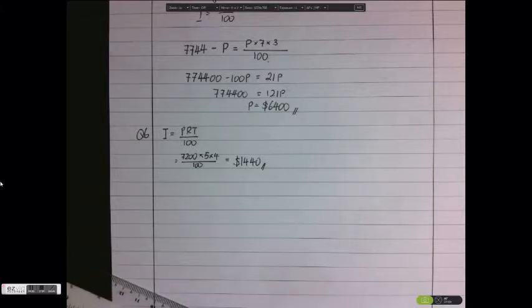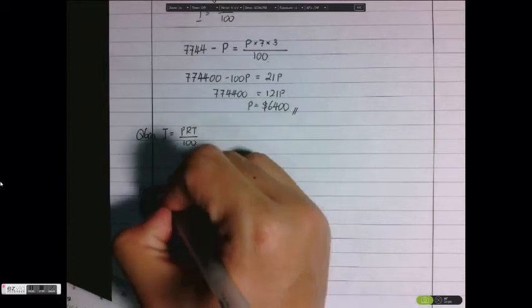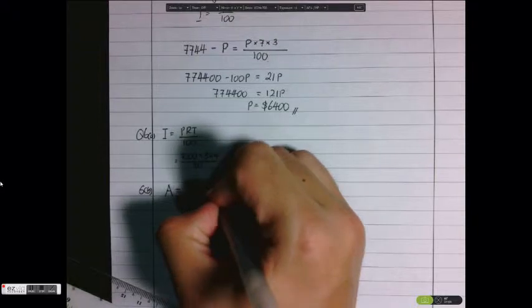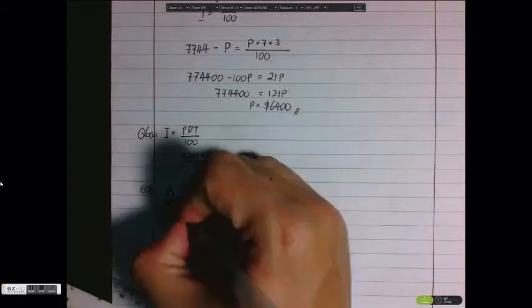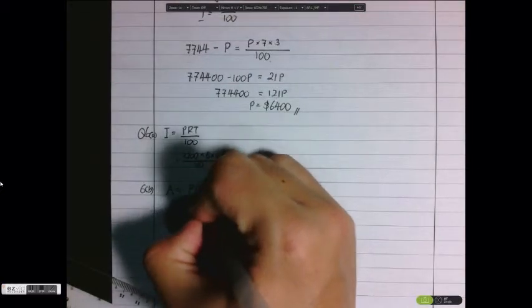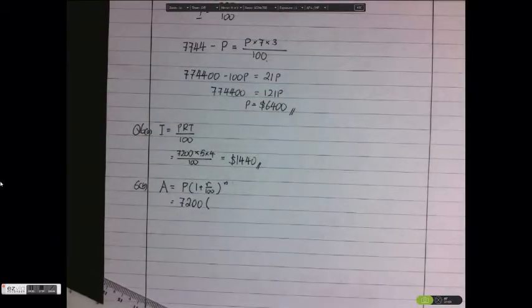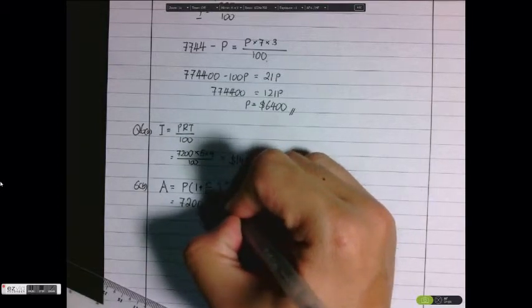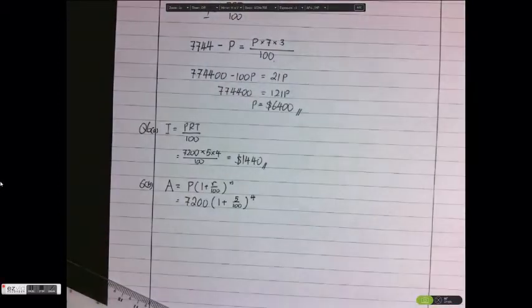If you compute the amount via compound interest, A equals P times (1 plus R over 100) to the power of N. The principal is 7,200. 1 plus R, which is 5, over 100, to the power of N, which is 4.